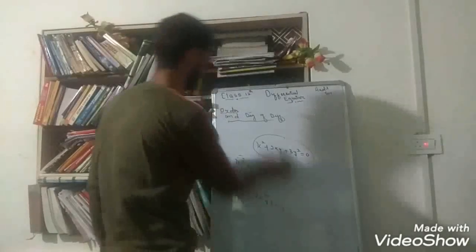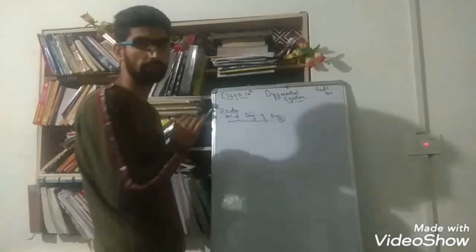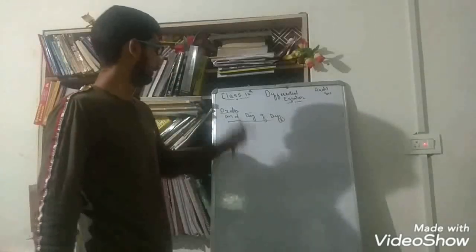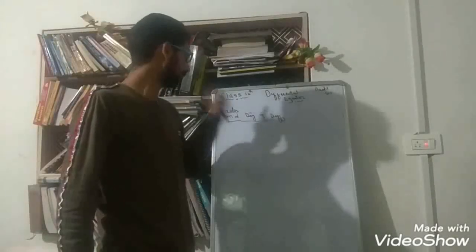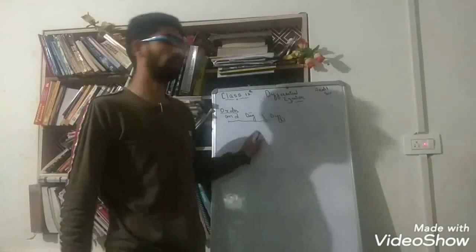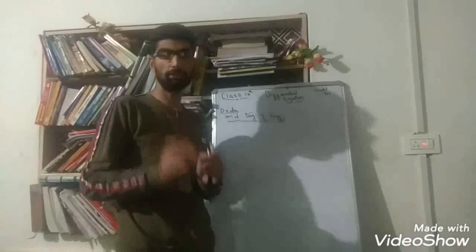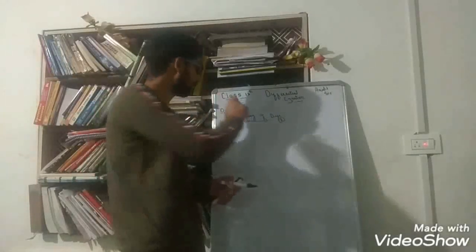Similarly for the differential equation. How can we find the degree of a differential equation? Just as for a polynomial in one variable, a similar procedure we have to follow here. In order to find the degree, the differential equation must be a polynomial in terms of derivatives.